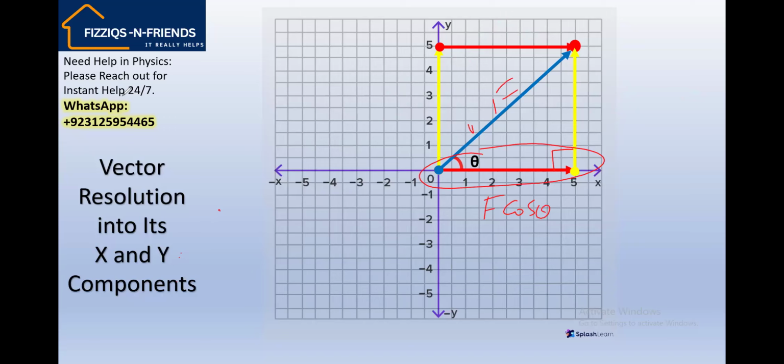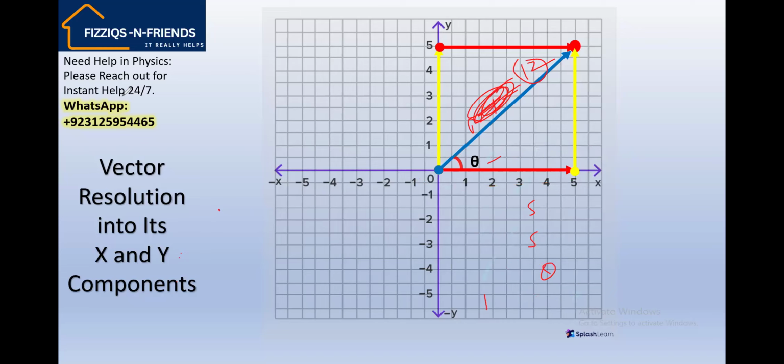If this is n, it will be n cos theta. If it is 12, then it will be 12 cos theta. And if theta's value is 30 and this vector's value is 12, you will write 12 cos 30. This is how you find the x component.